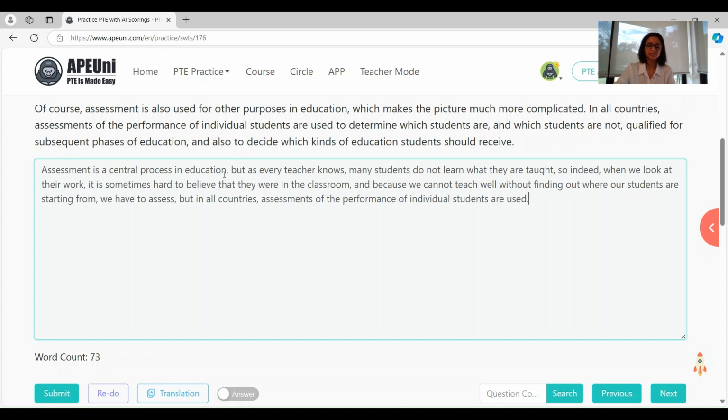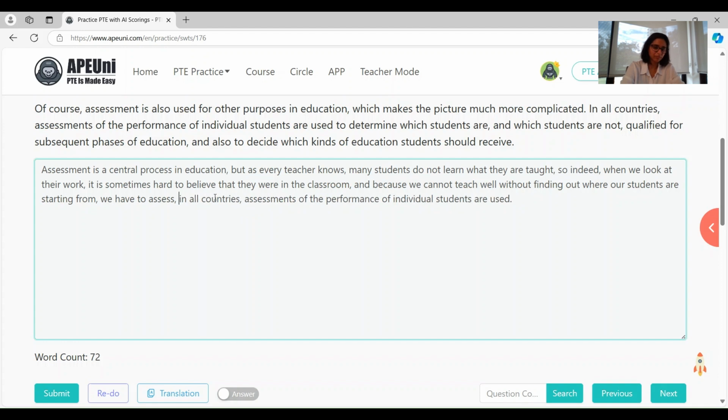Assessment is a central process in education, but as every teacher knows, many students do not learn what they are taught. So indeed, when we look at their work, it is sometimes hard to believe that they were in the classroom. And because we cannot teach well without finding out where our students are starting from, we have to assess. But in all countries, assessments of performance of individual students are used.